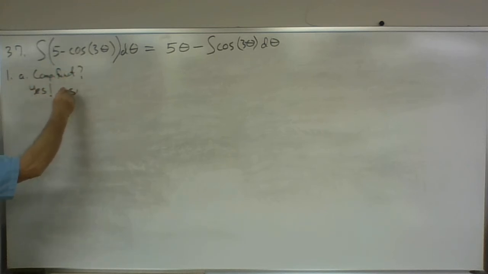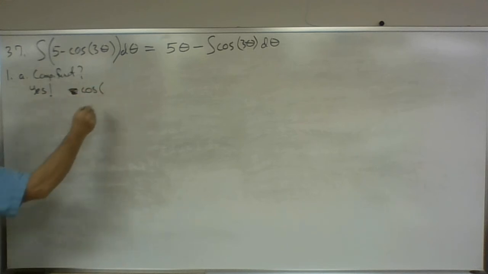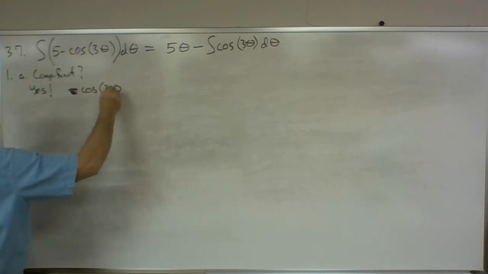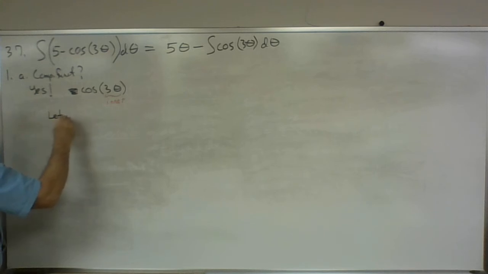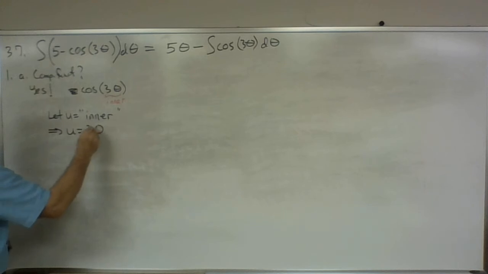We have cosine evaluated at 3 theta. And the inner function is 3 theta. And our rule of thumb says, let U equal the inner function. So this means U equals 3 theta.